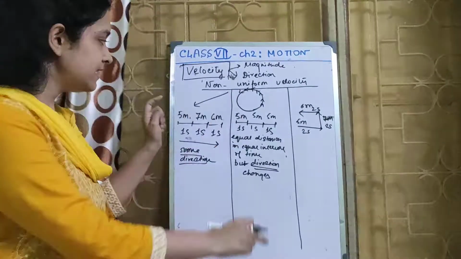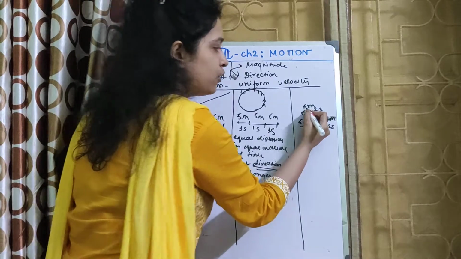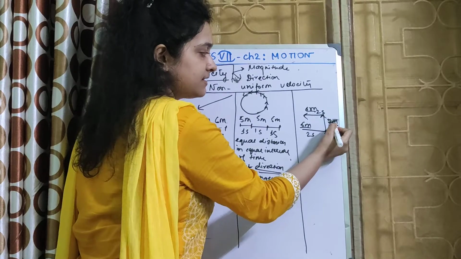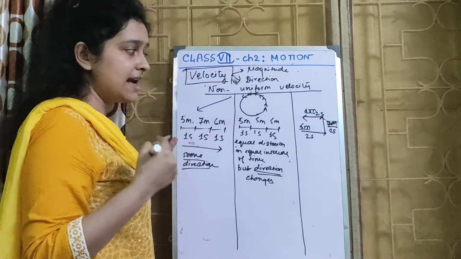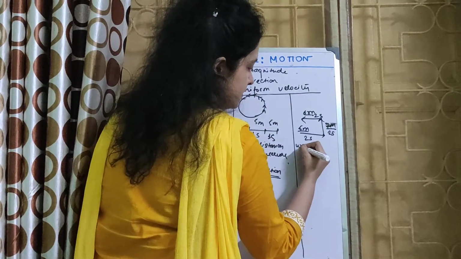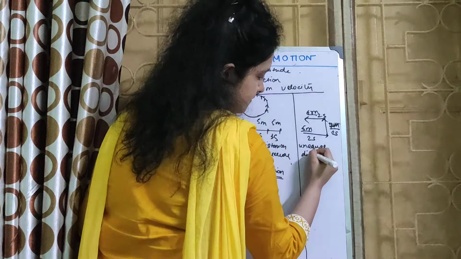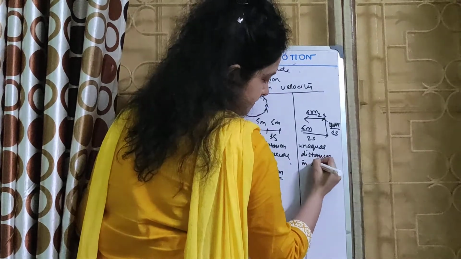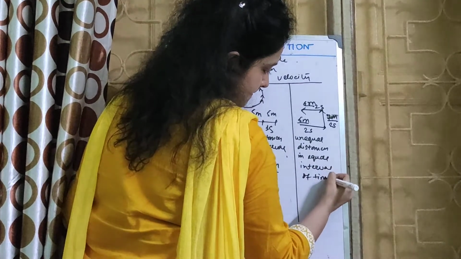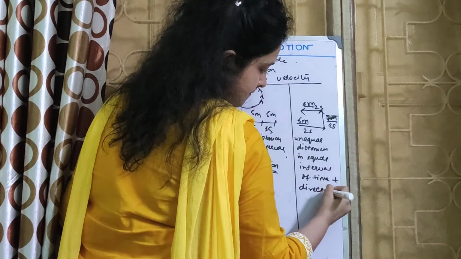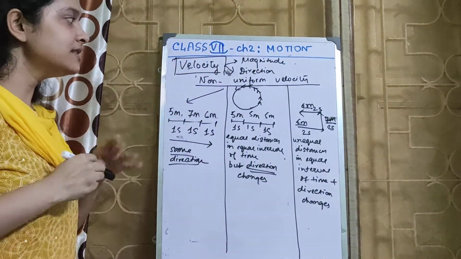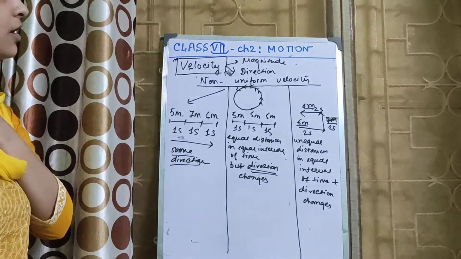Both are changing. You are covering unequal distances in equal intervals of time, and the direction is also changing. This is also non-uniform velocity. So these are the 3 cases of non-uniform velocity.